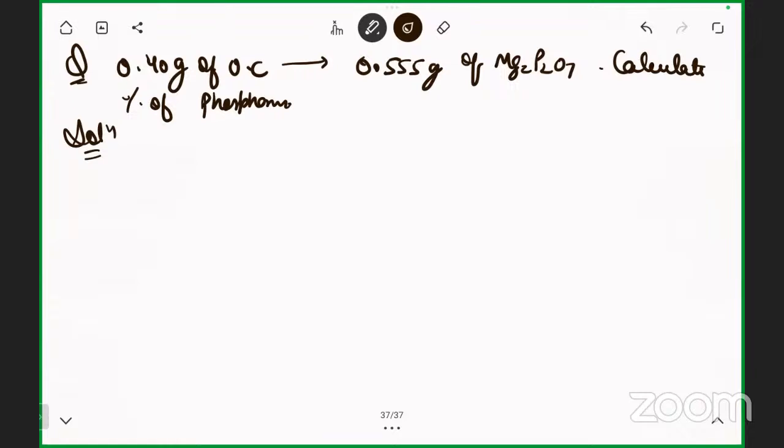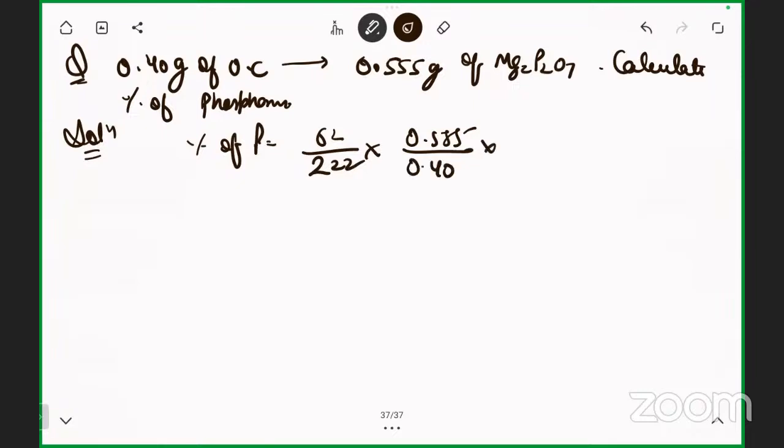Sir, is it 38.75? Yeah. The answer is percentage of phosphorus is equal to 62 divided by triple two into 0.555 divided by 0.40 into 100. That is around 38.75%. Good. Clear this much?